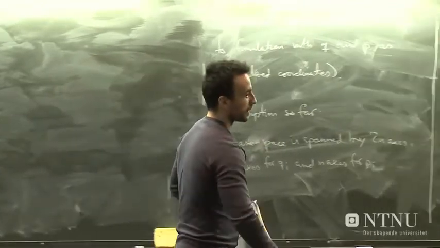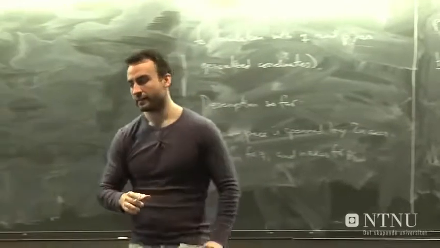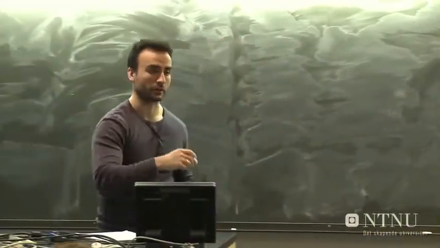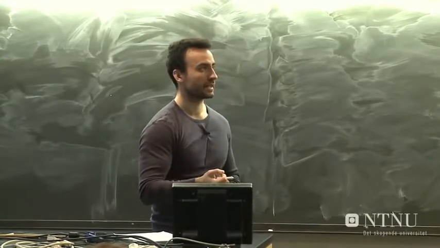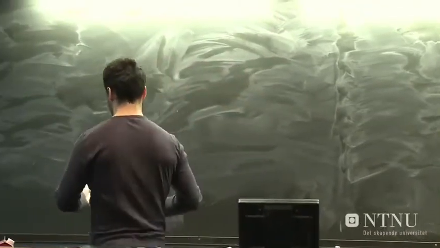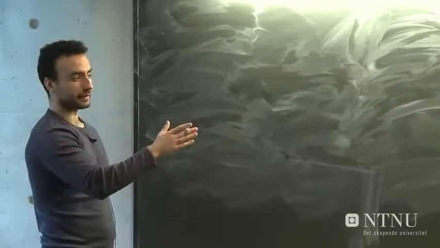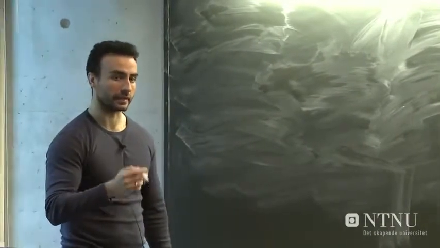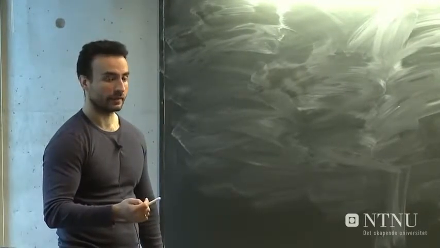So even though it might be hard to visualize what that means, we will see that this mathematical possibility of making a canonical transformation gives us a great help in solving certain types of problems. Now, what's important here is that when we make this set of transformations, then the large Q and large P still have to be canonical variables.